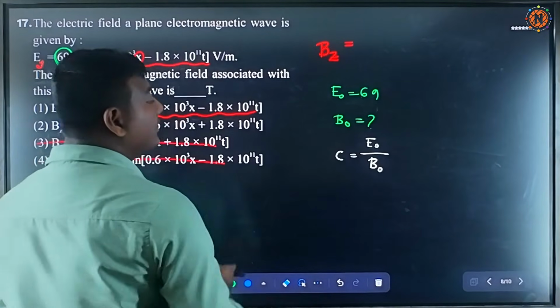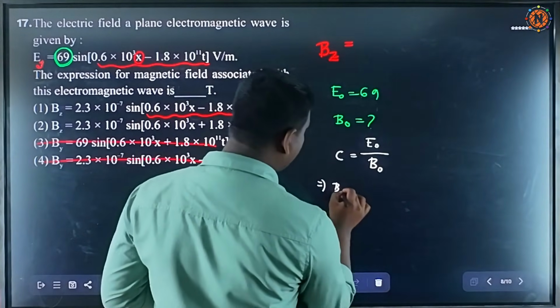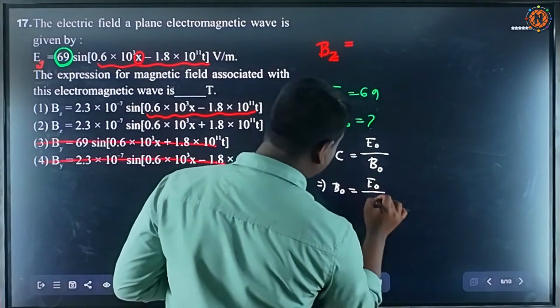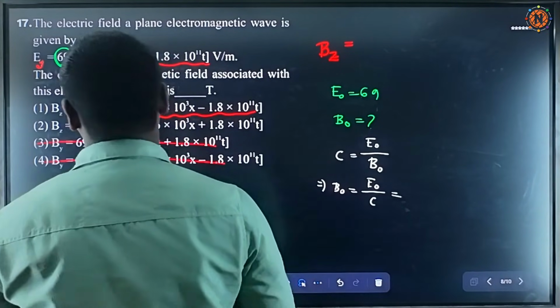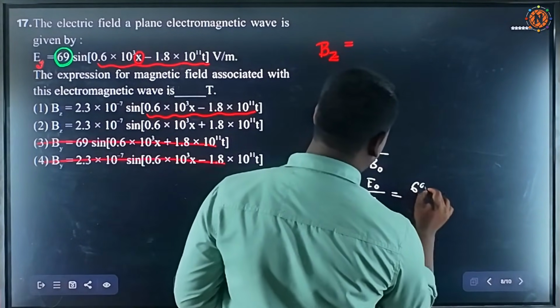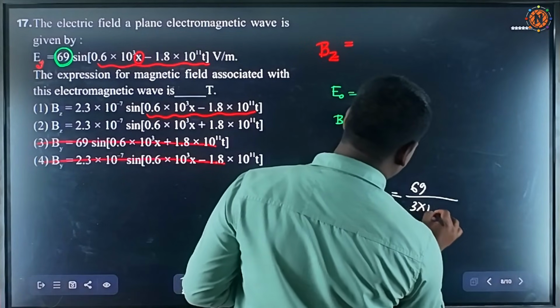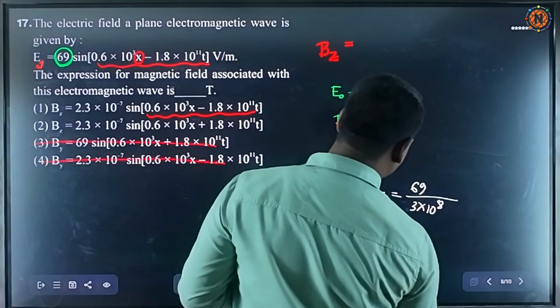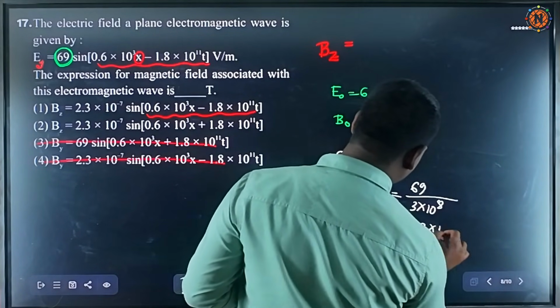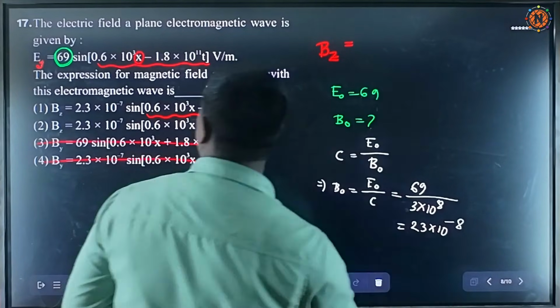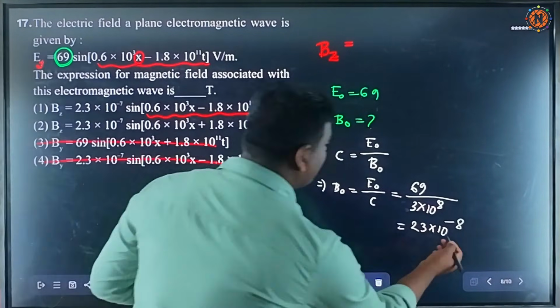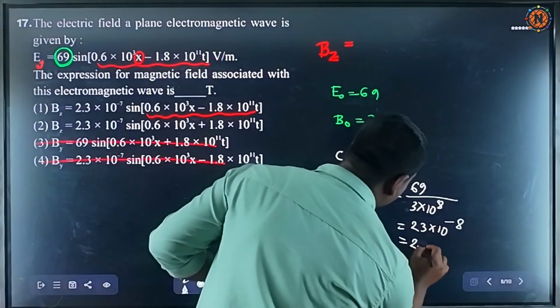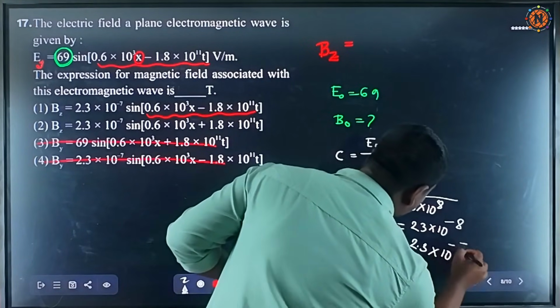So B naught will be E naught by C. E naught is 69, C is 3 into 10 to the power 8. You just calculate, you will get 23 into 10 to the power minus 8. It is given in 10 to the power minus 7, so you divide by 10 to get 2.3 into 10 to the power minus 7.